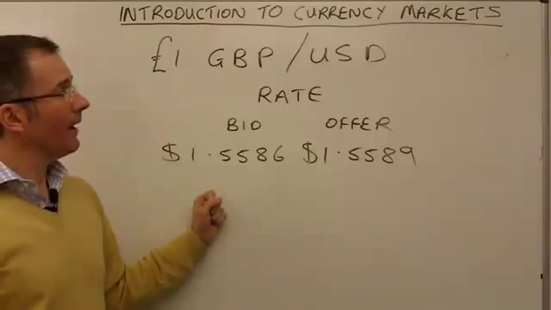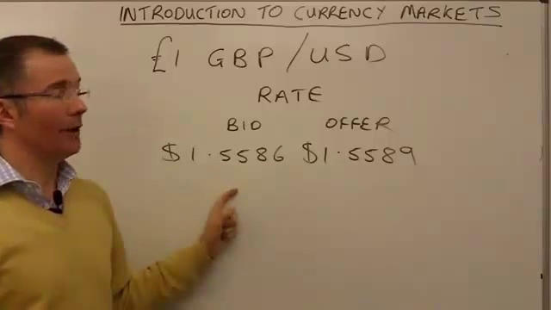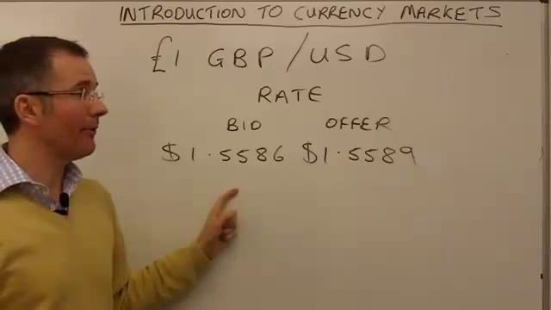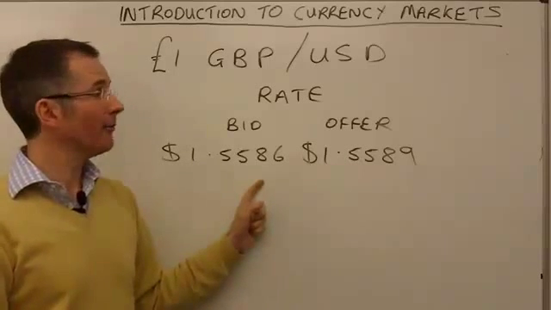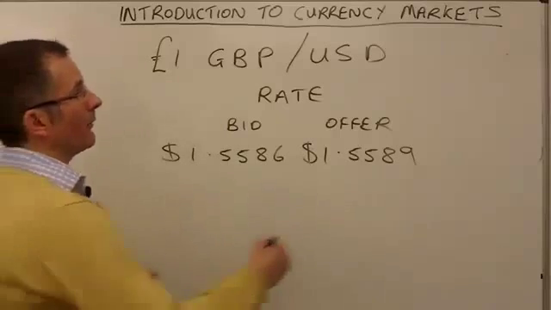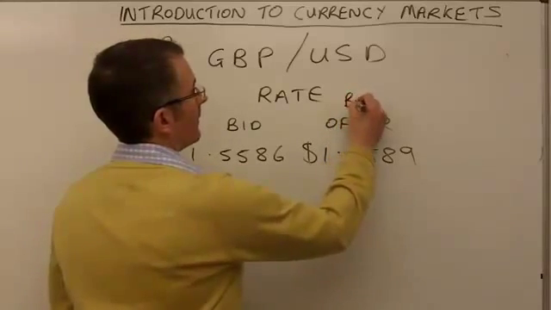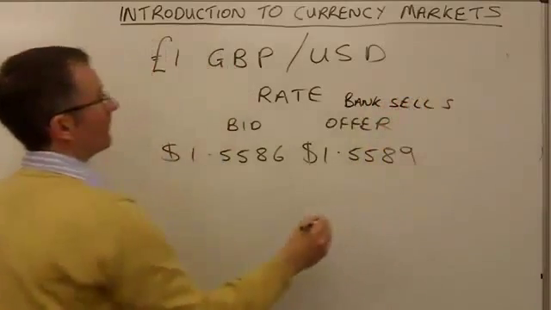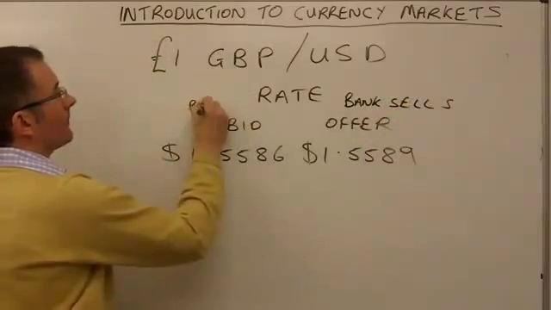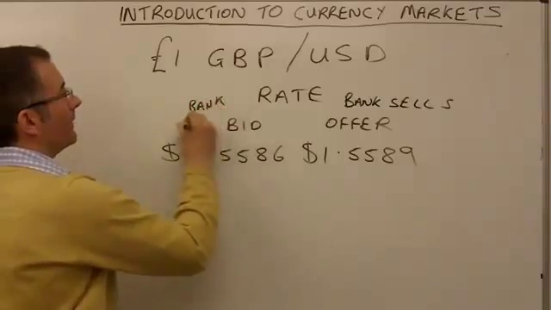And here's the key. Imagine this is the bank and you've just gone in on holiday. This works in the foreign currency markets too. Whose rates are these? They're the bank's. So, in other words, that's the rate at which the bank sells, and this is the rate at which the bank buys.